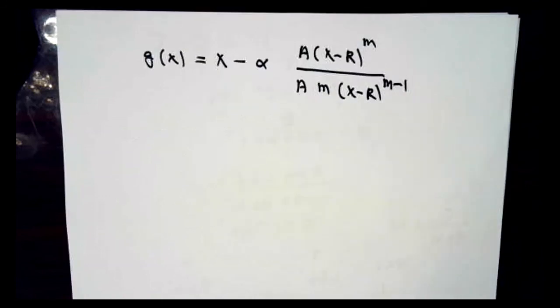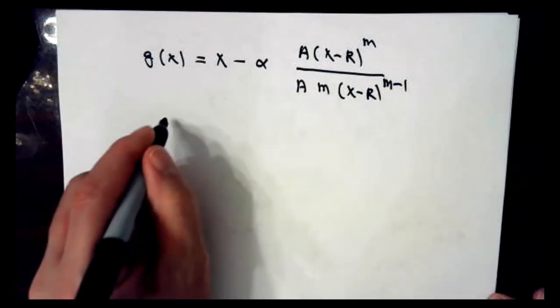If I literally write in a(x - r)^m for f(x), and a m (x - r)^(m-1) on the bottom, we see that firstly, the a's cancel out. Secondly, I'm going to have an m on the bottom of the fraction.